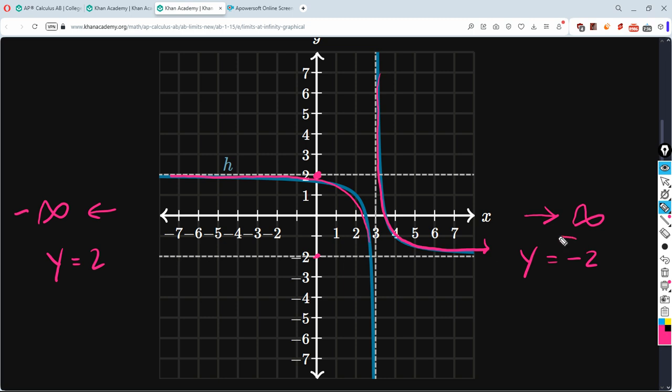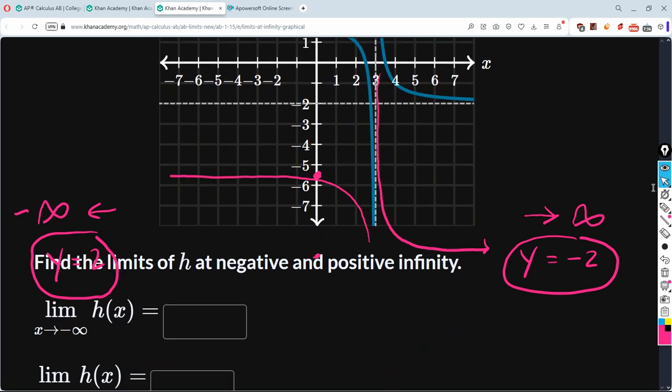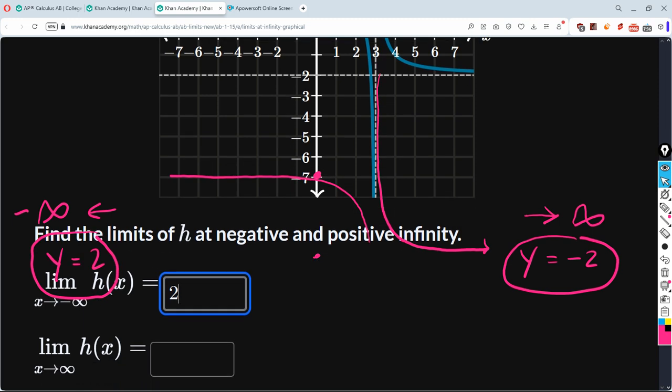So for positive infinity, it was -2, and for negative infinity, it was +2. You basically look for the horizontal asymptote. So for negative infinity, we said +2, and for positive infinity, we said -2.